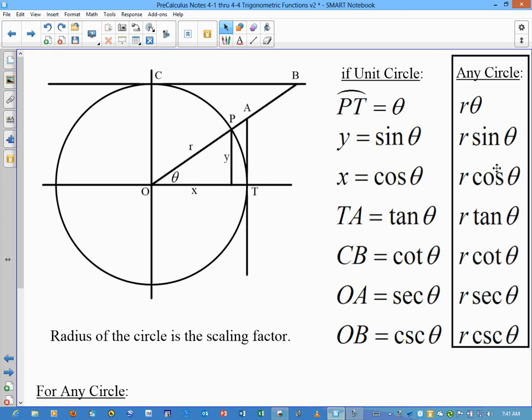And these two, first of all, you're going to see them a lot in polar equations, r sine theta, r cosine theta. But it's also a better way to think of the lengths of sides of triangles.